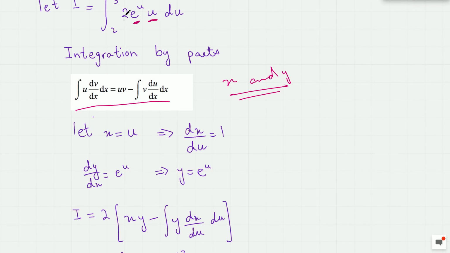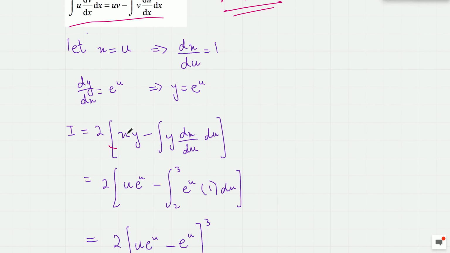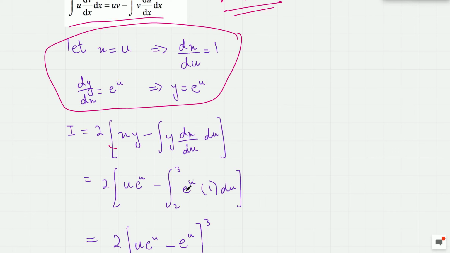Remember we have a 2 here, so we just take it out of the integral to make it simpler. So the 2 is here, and then the formula. I've just repeated the same formula in terms of x and y. And in the next step, we just replace all the x's and y's from here. So whatever we got for x and y, we just replace it here.